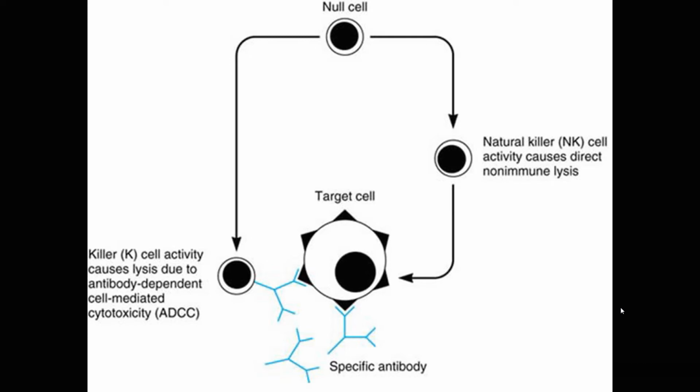The third population of cells, known also as non-B, non-T or null cells, are of two types. Natural killer cells with natural killer cytotoxic activity.